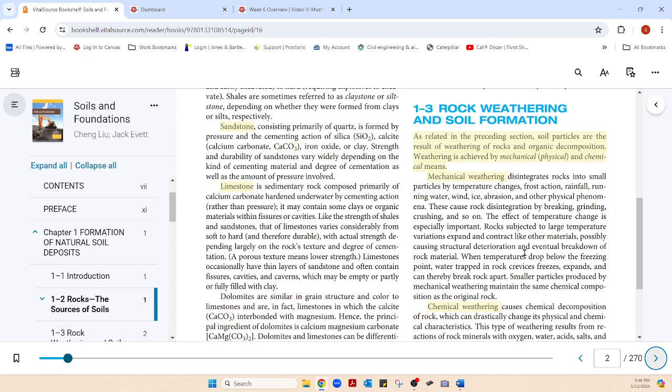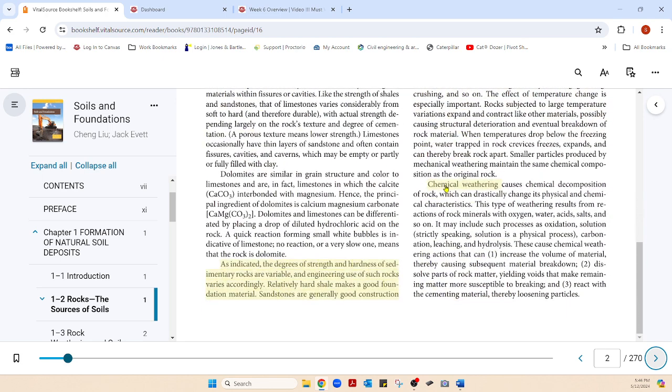I'll let you finish reading that, but I want you to know the difference. I want you to know about mechanical weathering, and I want you to know about chemical weathering. This is decomposition. This is decomposing of rock, which can drastically change its physical and chemical characteristics.